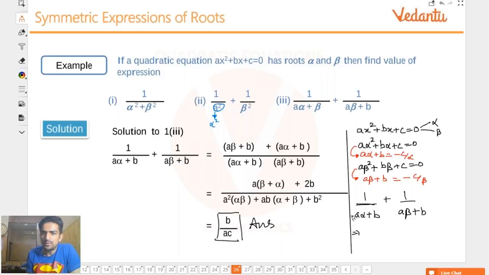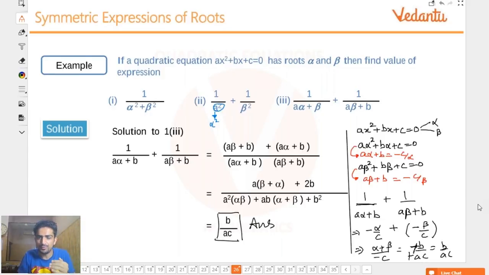When I substitute minus C by alpha here, it becomes minus alpha by C. And here it becomes minus beta by C. So it is nothing but alpha plus beta by minus C. We know the value of alpha plus beta. So finally, the answer is B by AC.